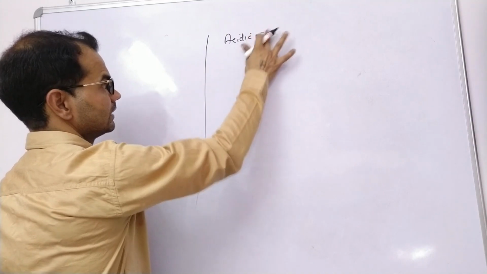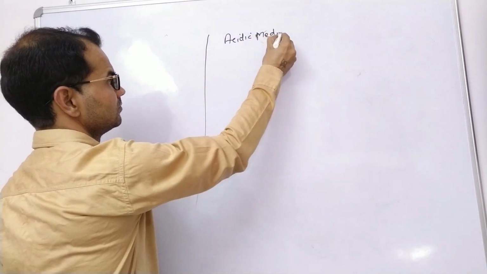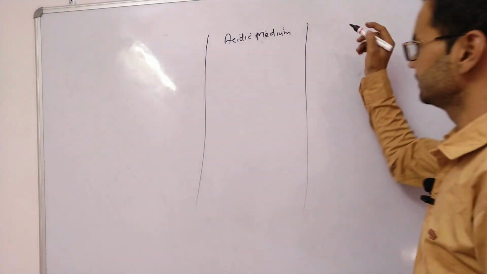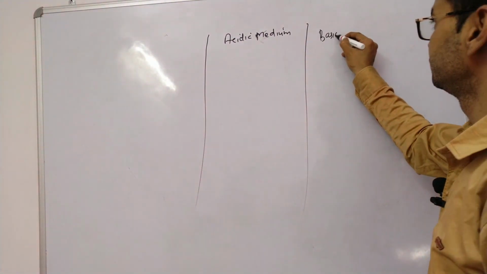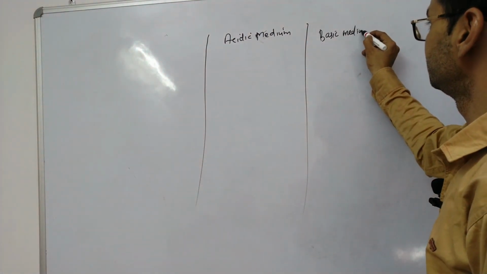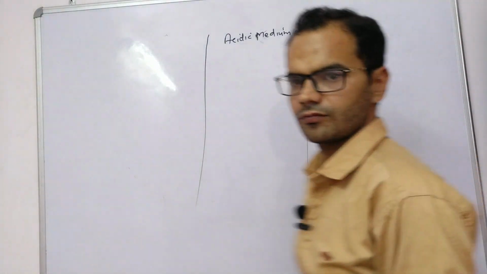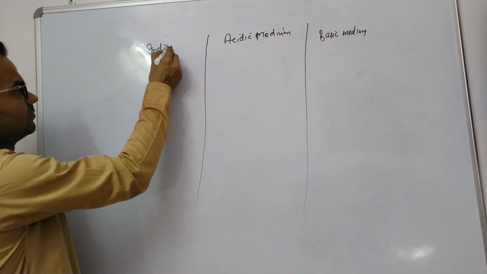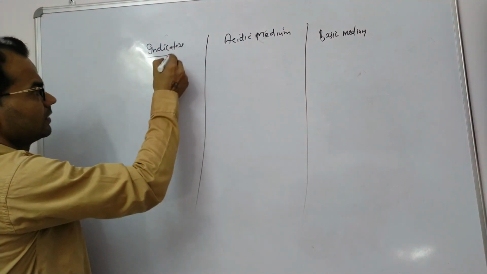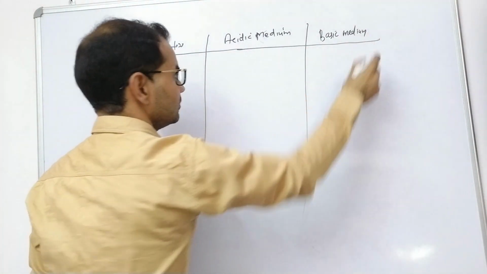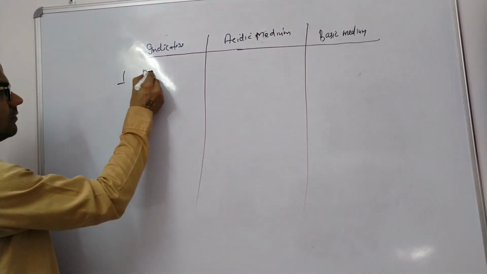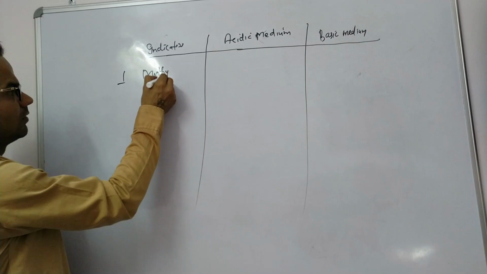Acidic solution or acidic medium here, basic medium here, and here we have indicators. First start from synthetic. First, methyl orange.